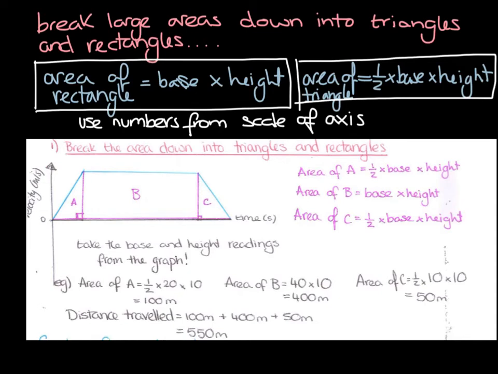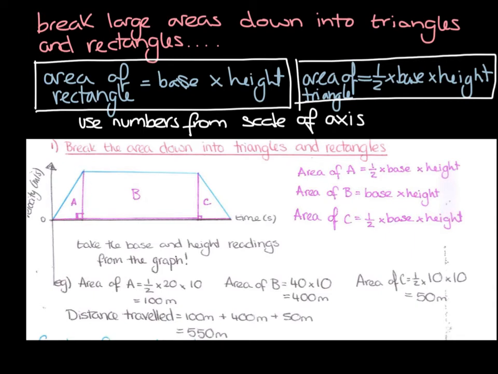So here I've put some pretend numbers in. For the area of A, if you take this value here to be 20 seconds and that value there to be 10, we do half times 20 times 10.